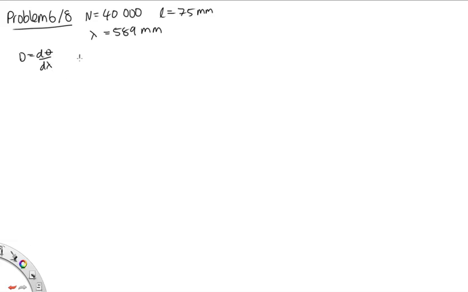So as it's a grating, we know that our maxima obey the equation d sine theta is equal to m lambda. So we can write this, because we're trying to do d theta, d lambda, let's write this as lambda is equal to d over m sine theta, which tells us that if we differentiate this with respect to theta, d lambda d theta is equal to d on m, that's constant, and then we do sine theta, which gives us cos theta.